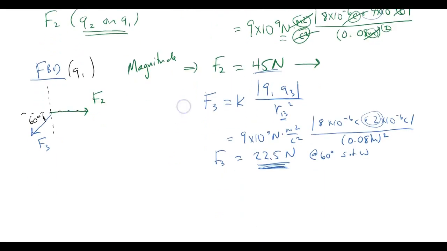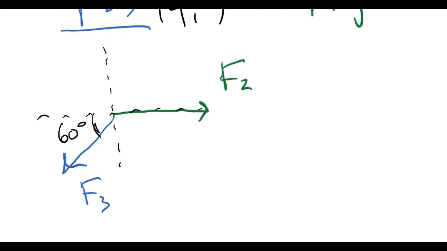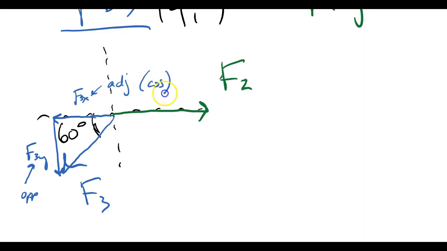So let's look at that guy a little bit bigger. How do I break that into components? Well, I can think about the x part of F3. So this is F3 in the x direction. And then think of the y part. That's F3 in the y direction. You see that this one is adjacent and this one is opposite. Remember when we break up components, adjacent we like to think of cosine and opposite we like to think of sine.